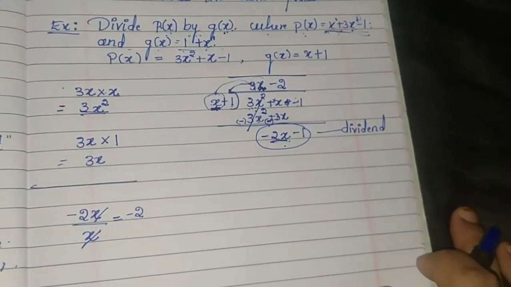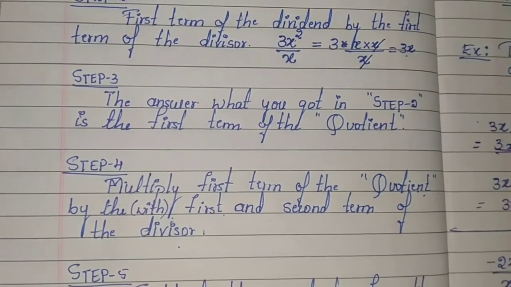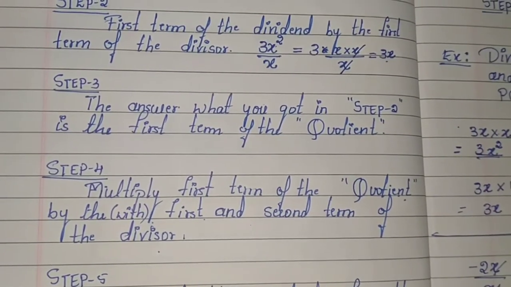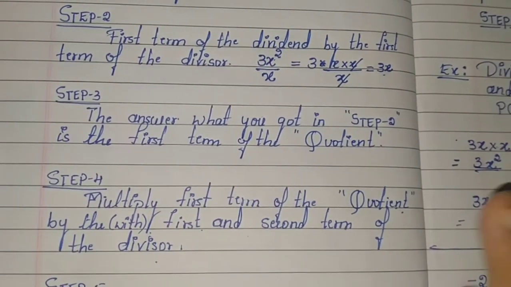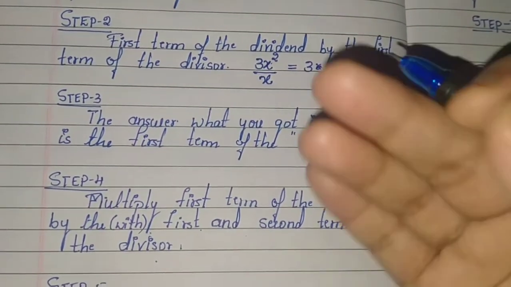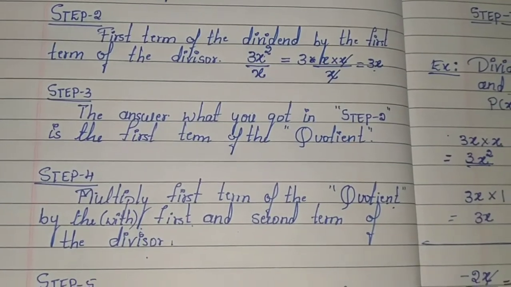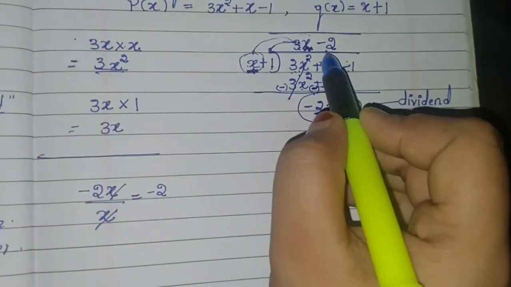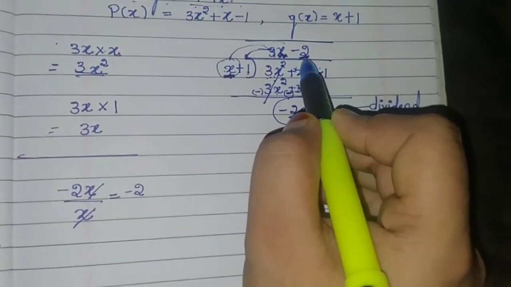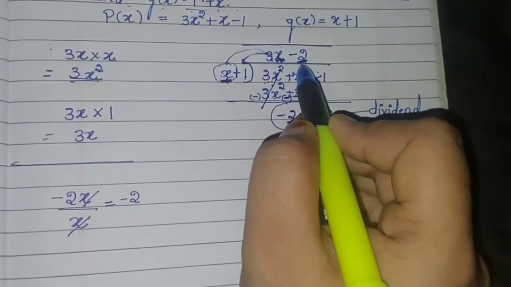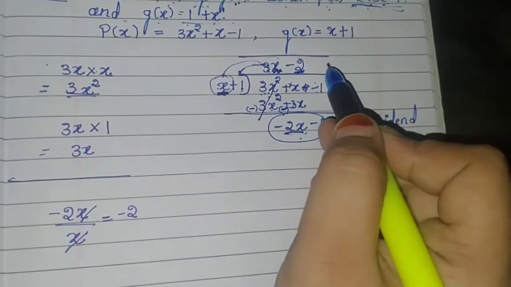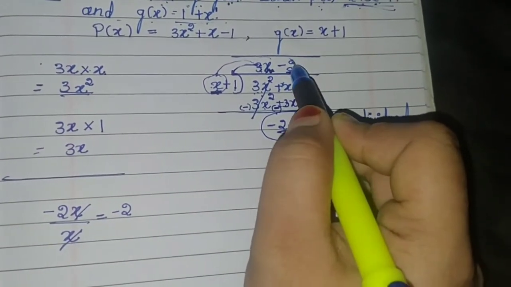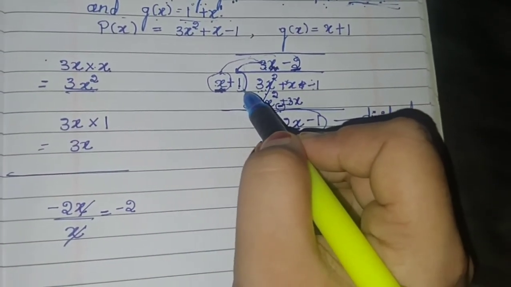So what is the next step again? The multiplication. See, previously you multiplied the first term of the quotient they had given. So here now you have to leave the first term of the quotient. Now you have to consider only the second term of the quotient. Okay. So this second term of the quotient is multiplied by the first term of the divisor, and the second term of the quotient is multiplied by the second term of the divisor.